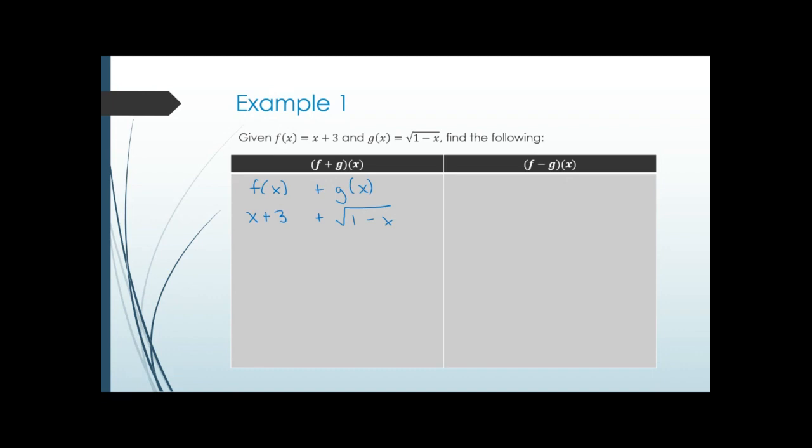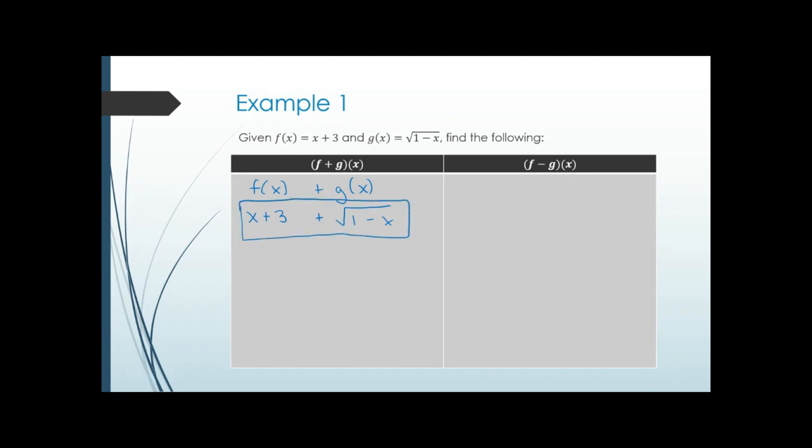We're adding those together and then simplifying if we can. In this case we can't simplify because we don't have any like terms. If something's underneath the square root, you can only add it to things that match underneath that square root. So that's as simplified as that goes. So that is your answer.